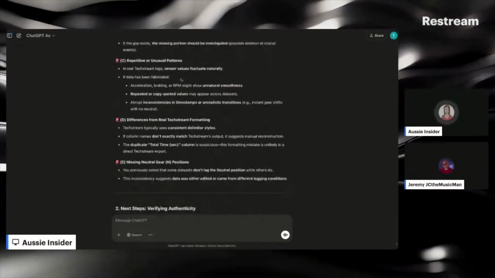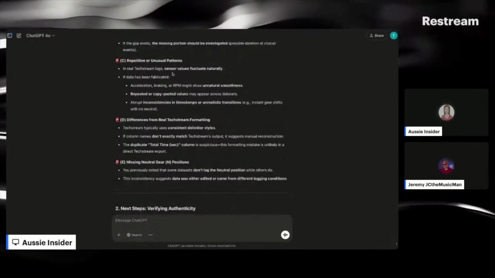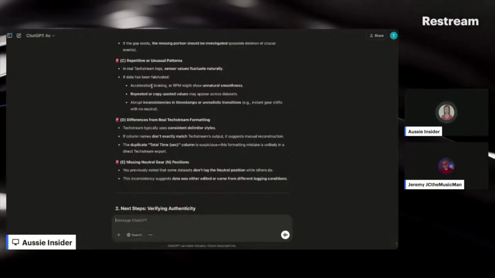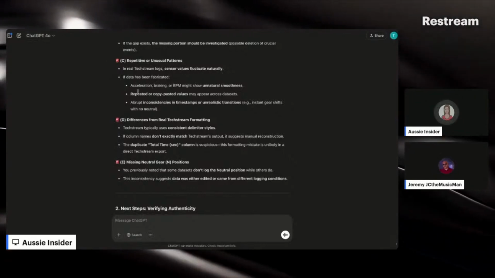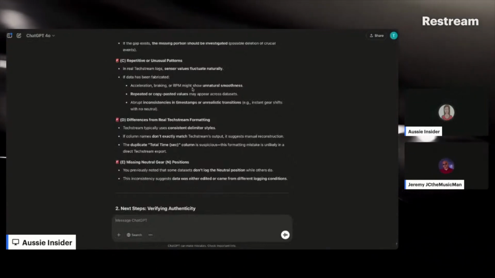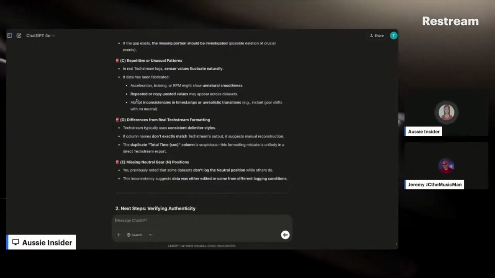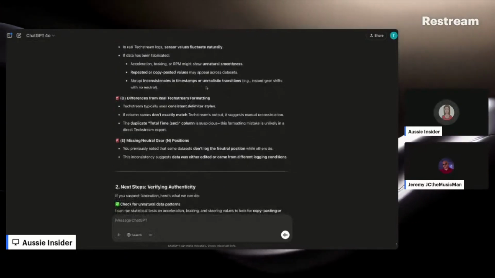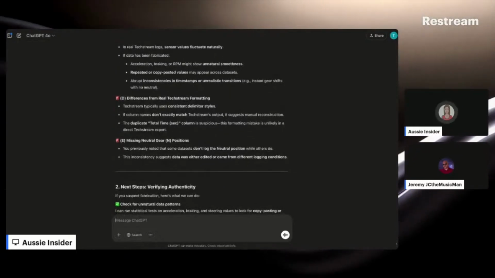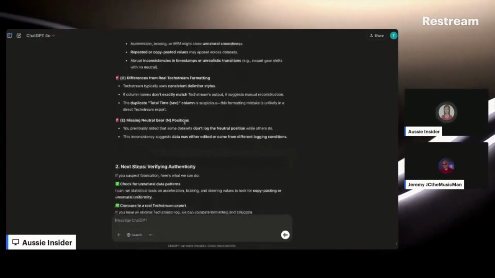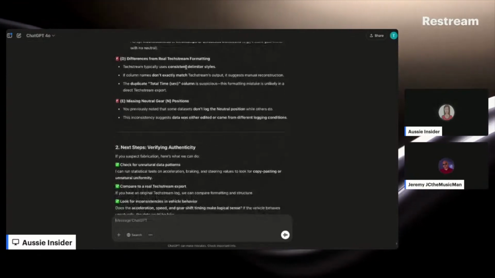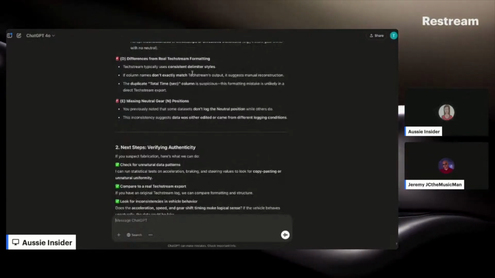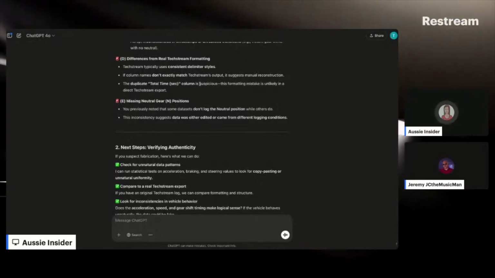C, repetitive or unusual patterns. In real Techstream logs, sensor values fluctuate naturally. If data has been fabricated, acceleration, braking, and RPM may show unnatural smoothness, repeated or copy-pasted values, abrupt inconsistencies in timestamps that don't exist, or unrealistic transitions between gears. D, differences from real Techstream formatting. Techstream typically uses consistent delimiter styles.